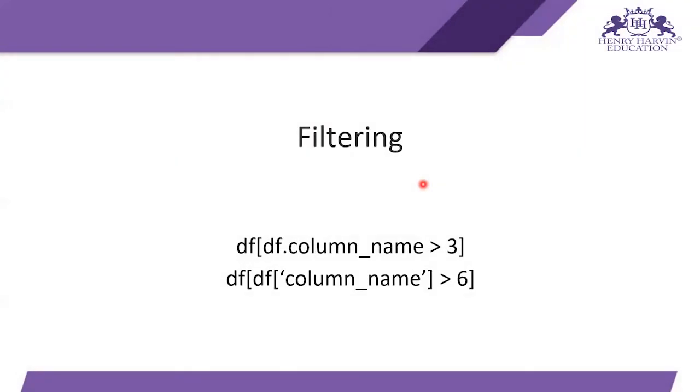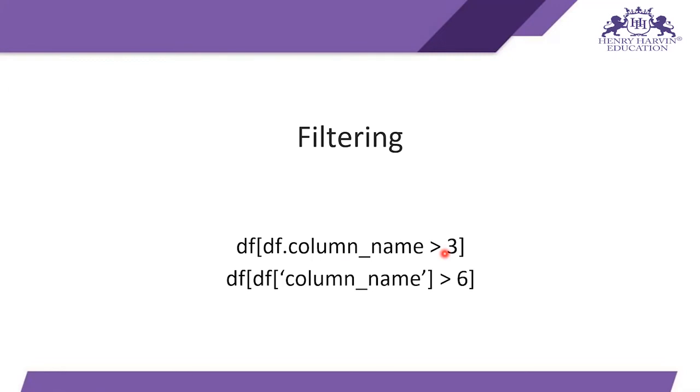You can also do filtering. For example, if you have a data frame of students and you want to access those students whose height is greater than 180 centimeters, or extract those rows where the age of students is greater than 18 or 17 or any specific number, then you can type df and df dot age, writing the column name as age, greater than 17, 18, or any specific number like 28.